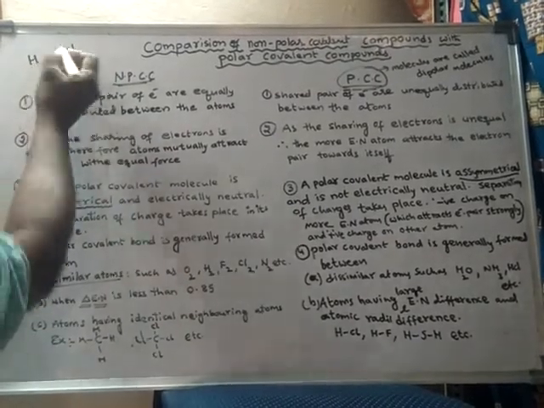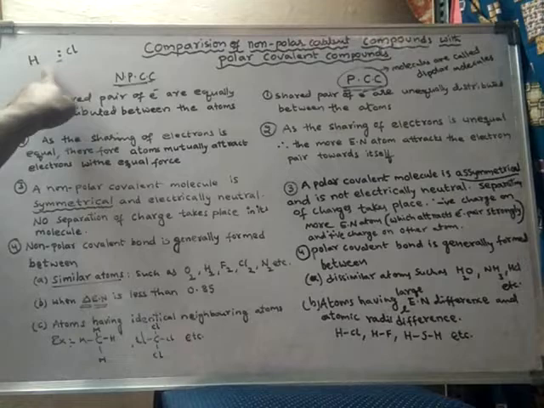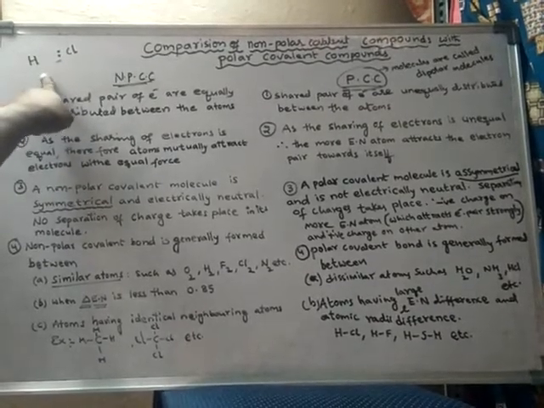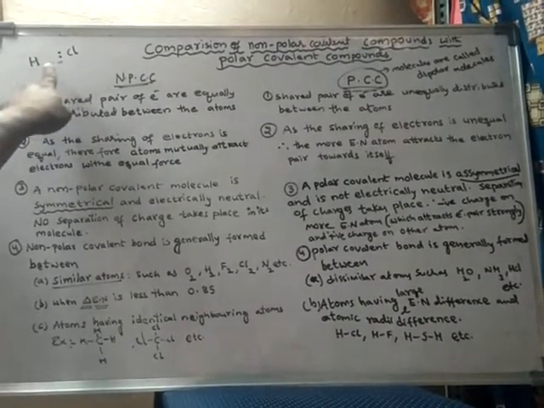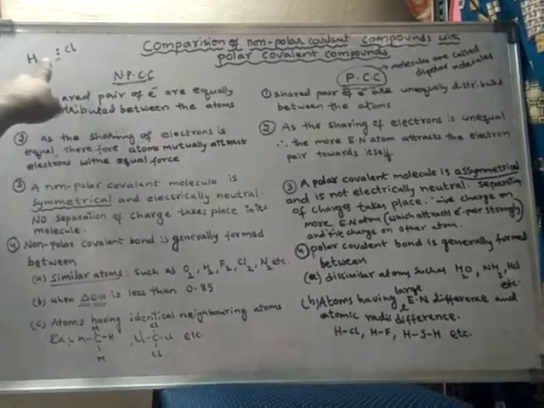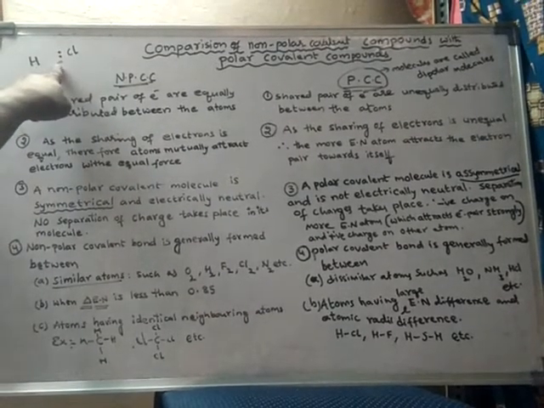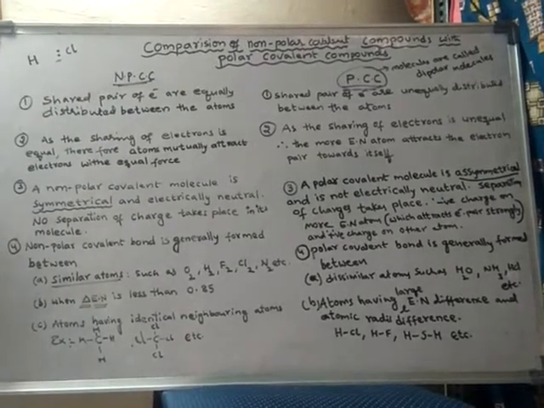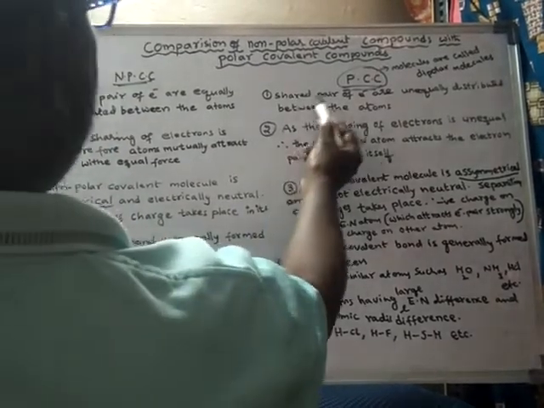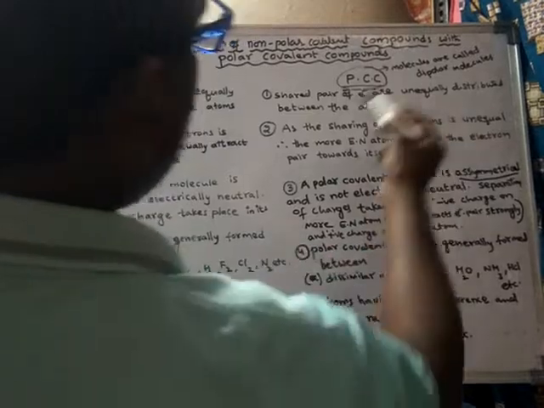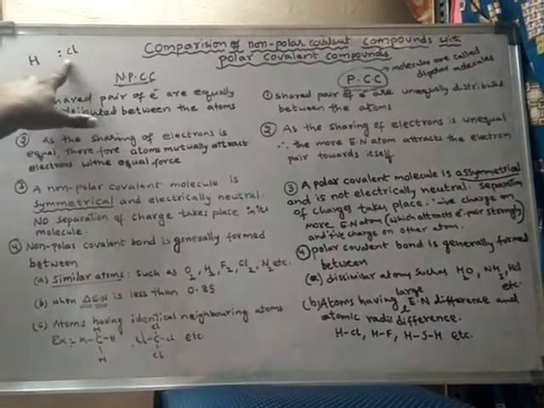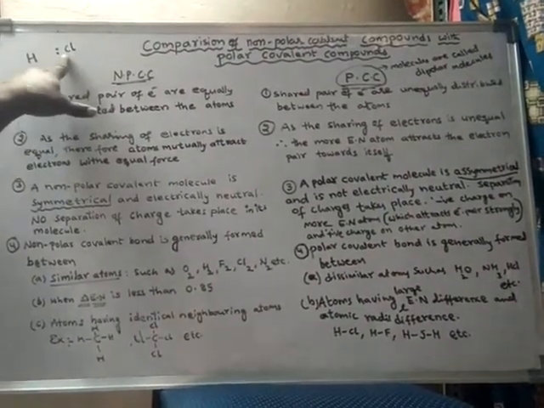This electron pair is shared by both the atoms, but hydrogen shares it to a lesser extent, whereas the chlorine atom shares it to a greater extent. So the shared pair of electrons is unequally distributed.